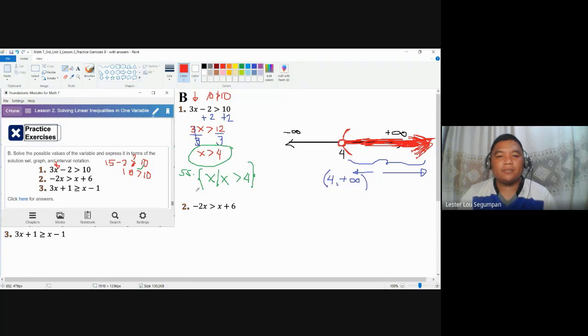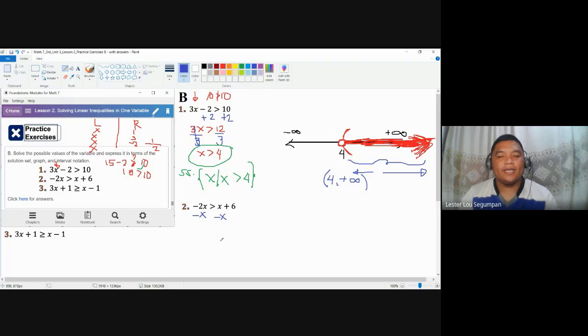As much as possible, we would like to make sure that the left-hand side of the linear inequality contains the variables x and so on, and the right-hand side of the inequality should contain the constants. So in this case, since we have a variable on the right-hand side, we need to remove that. And to remove that, we will subtract x here and also subtract x on the other side.